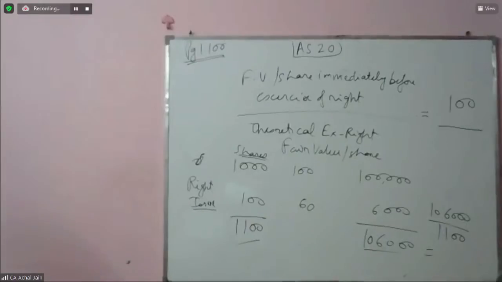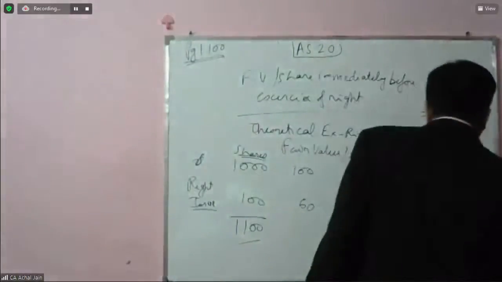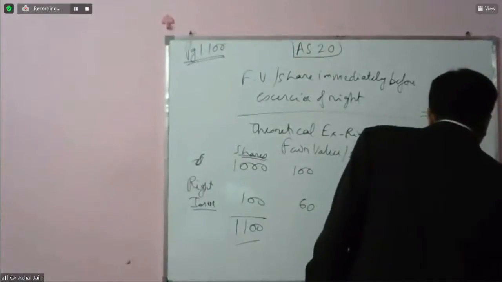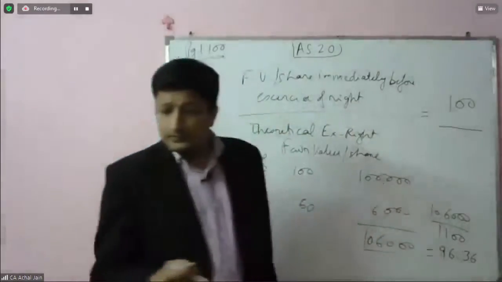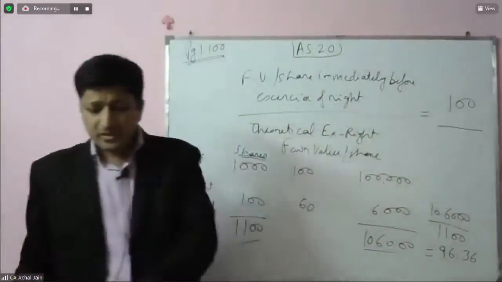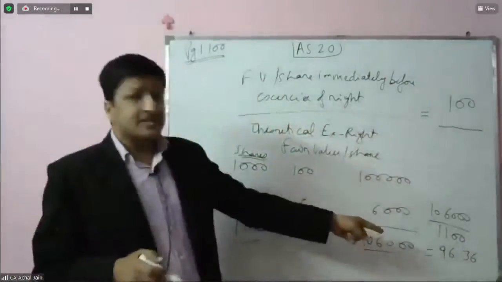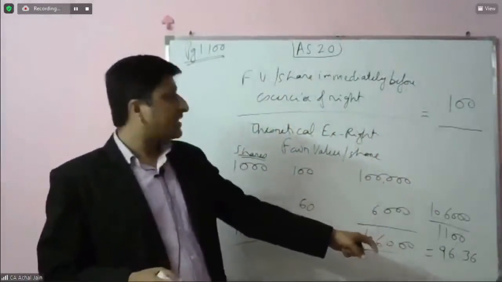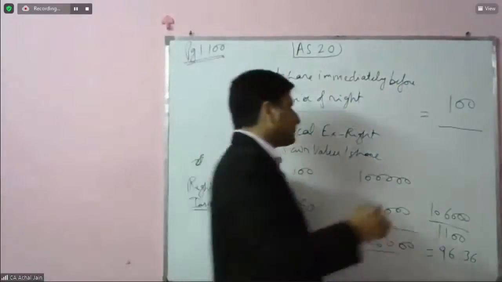This is what I could compute. But let me just say this was approximately 96. Okay, Kamal has computed this. Kamal is saying 96.4. Now, this 96.4 or 96.36 is nothing but the theoretical ex-right fair value per share.